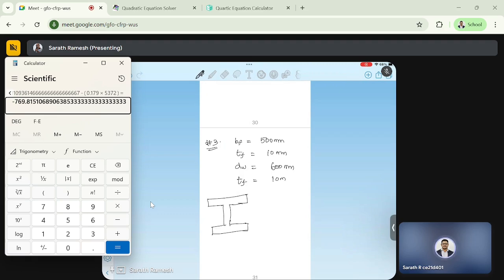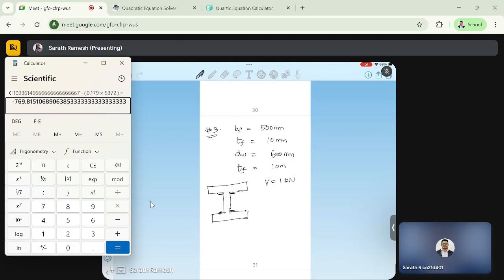There is a weld at this interface between the flange and the web, and a shear force of 1 kilonewton is applied. The I section is built up by welding the web with the flange. Find the shear stress that the weld should withstand.